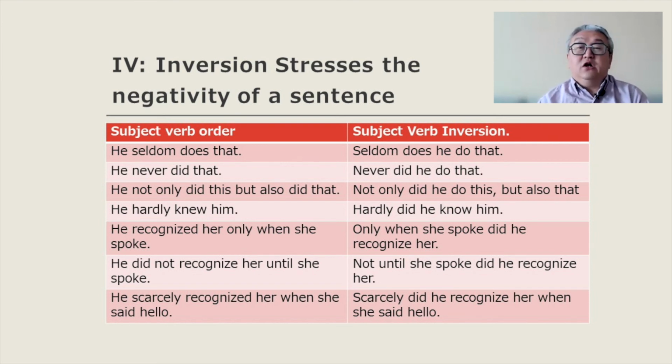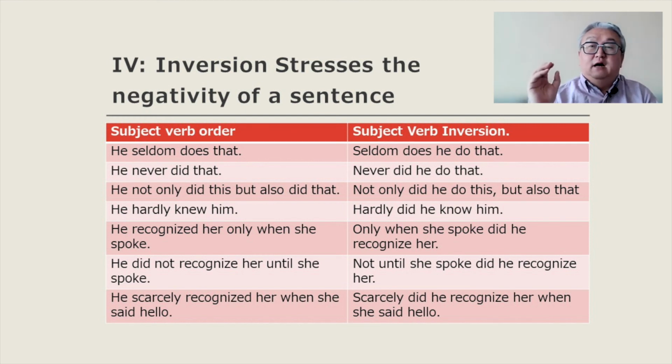So if you start that sentence with that negativity, you start with seldom, then your subject-verb order has to be inverted. Seldom does he do that. He never did that. Never did he do that. He not only did this, but also did that. So look at the examples, then you will know what I mean by stressing the negativity of a sentence.